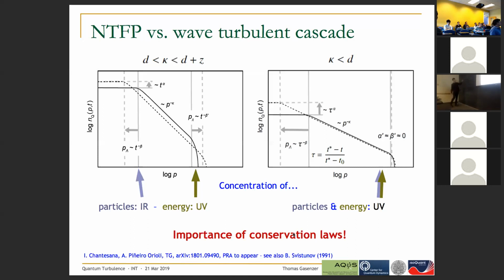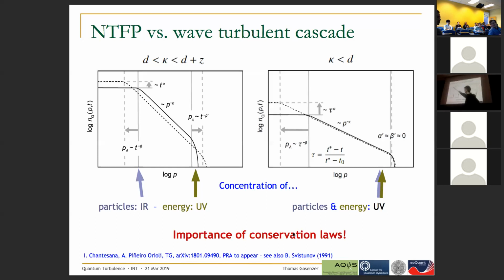Now, in our case, I showed before, this omega will be simply k squared over 2m, for reasons I will argue in a minute, such that the energy distribution is essentially of the same form as the occupation number distribution, just multiplied with powers of k squared.